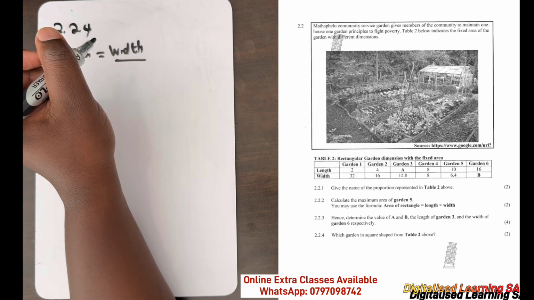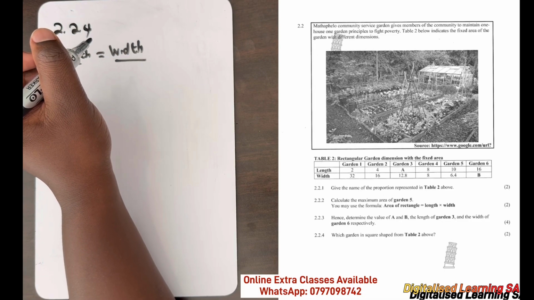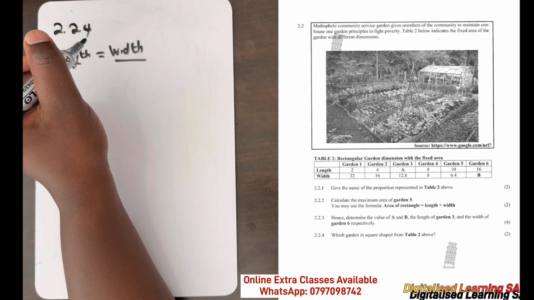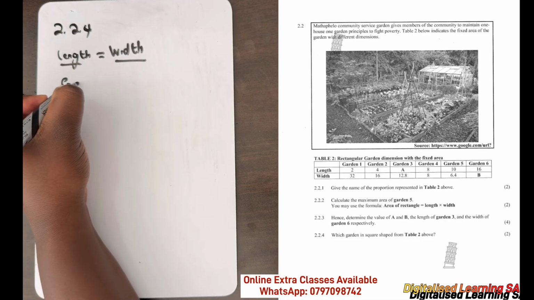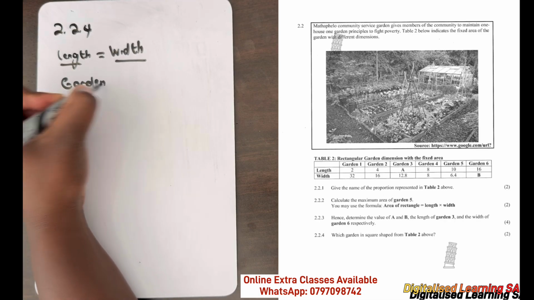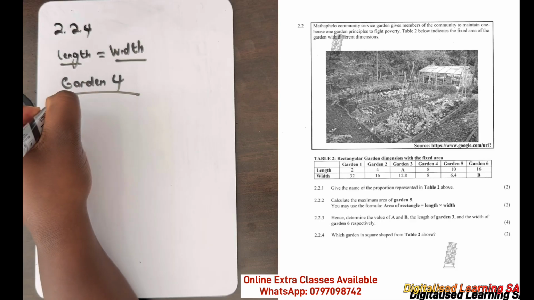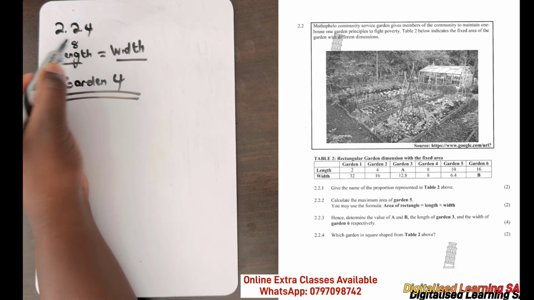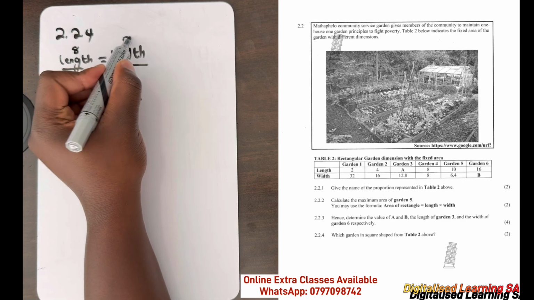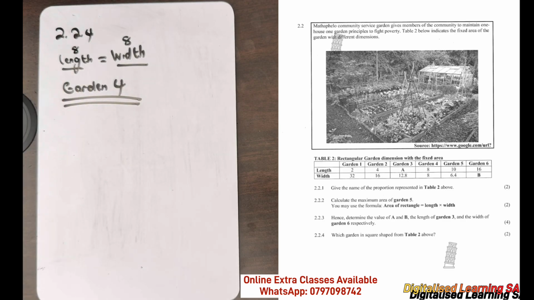So if we look at table 2, we can see that the only time where our length was equal to our width was in garden 4. Our length was 8 and our width was also 8, meaning that this will be a square shape and the answer will be garden 4.